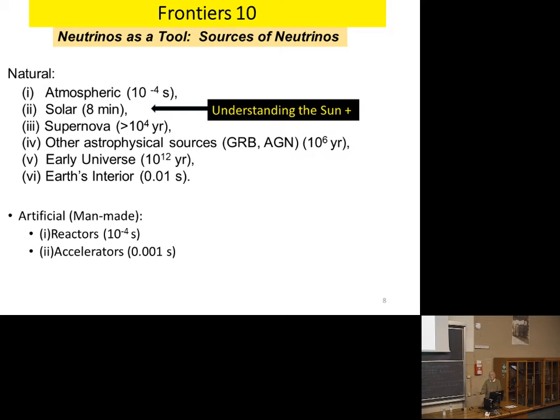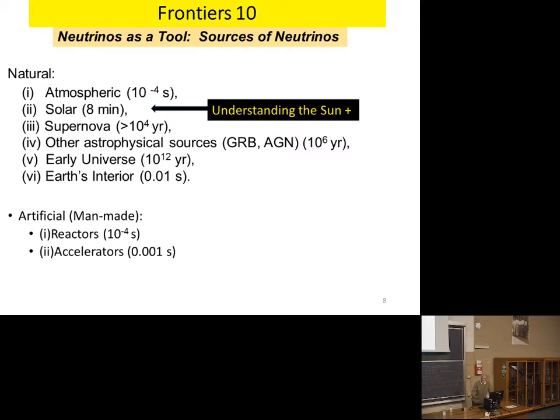Those are all natural ways to make neutrinos. We also are able to make them in the lab, and we make them in two primary ways. One is in nuclear reactors. It's a product of nuclear reactors. When you make a nuclear reactor and it makes power, a product of that is neutrinos, very low energy neutrinos. The second is any particle accelerator.